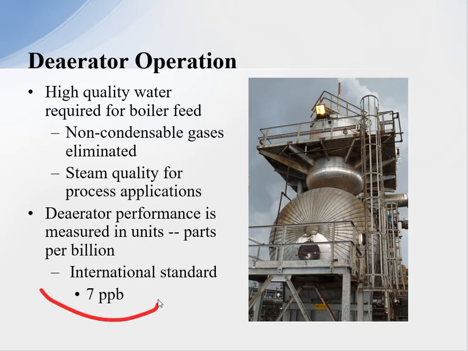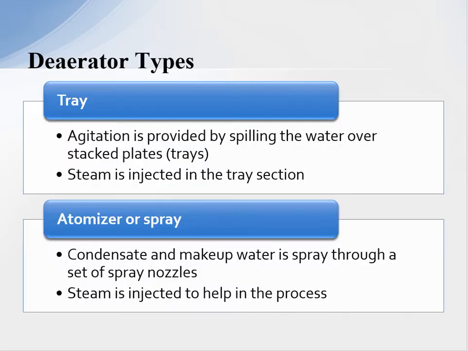So 7 parts per billion is the international standard. So our deaerator, without sulfite being added, should be operating at 7 parts per billion. Now there are 2 types of deaerators. Tray type: agitation is provided by spilling water over stacked trays. Steam is injected into the tray section to bring the temperature up and to let the non-condensable gases come out of solution.